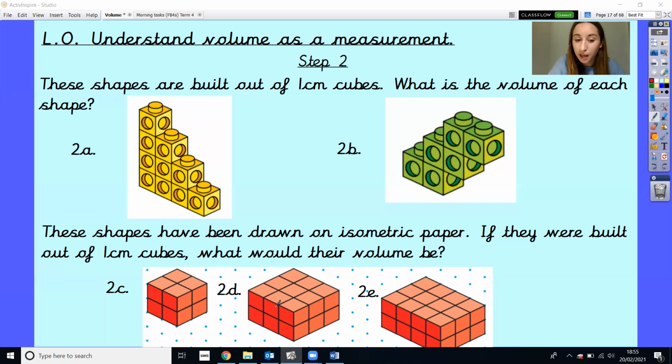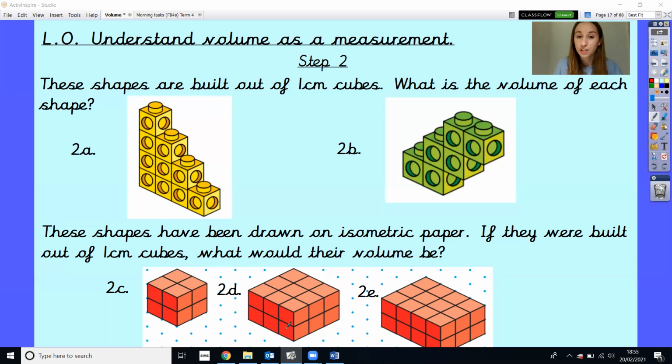I can use my multiplication skills to think, well, I've got 2 down, 3 across here, and then 3 back. So 2 times 3, and then times it by 3 again. So here we can count them, and here we need to use our multiplication skills to think how many cubes there are going to be in that shape. Each of them measures 1 centimeter cubed, so you can tell me what the volume is.